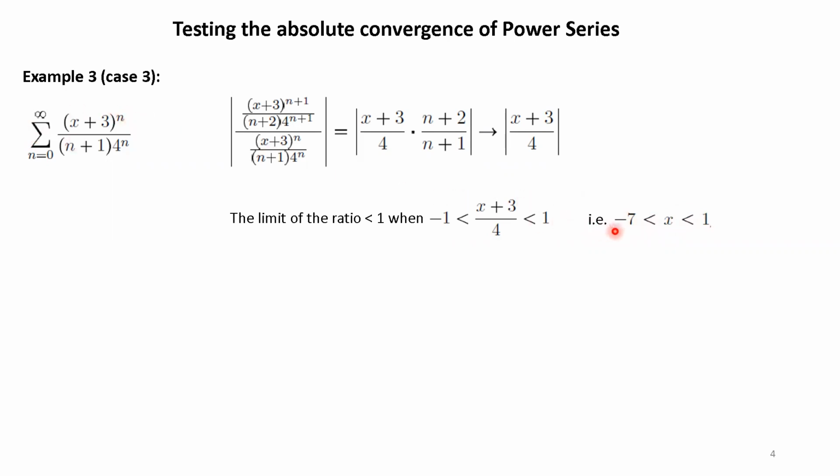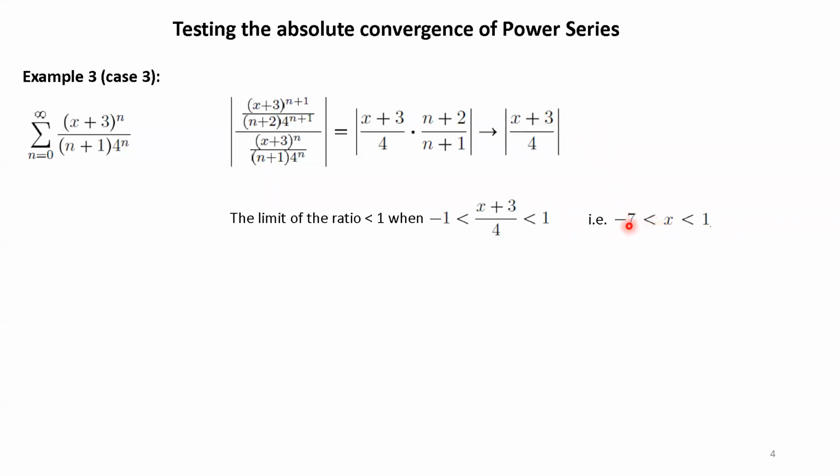However, the points that we need to re-examine are the points where we have x equals 1 or x equals -7. Because if x equals 1, then this ratio is 1.